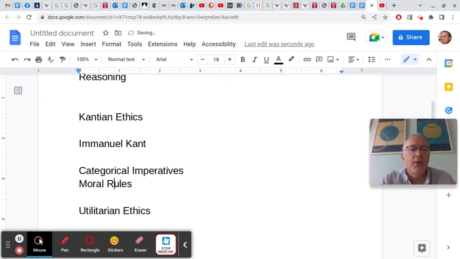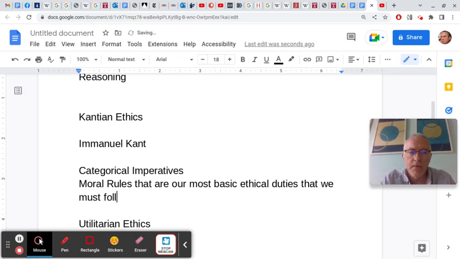Moral rules that, let's say, are our most basic ethical duties that he says we must follow at all times.